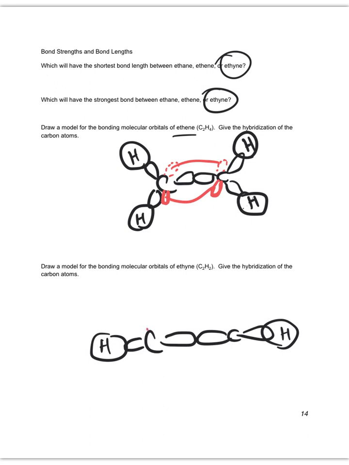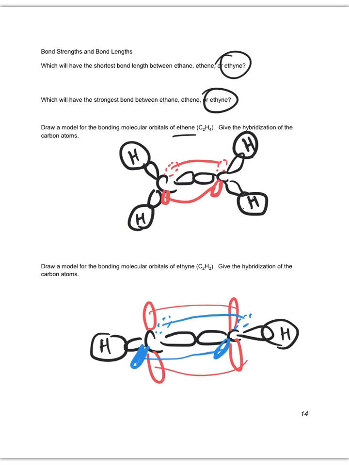So one of them will be in the plane of the board, the plane of the iPad, with the overlap between the two. The other one will be 90 degrees to it, coming towards and going behind each of those. We'll draw it blue to differentiate, and the overlap in that one makes the second pi bond.